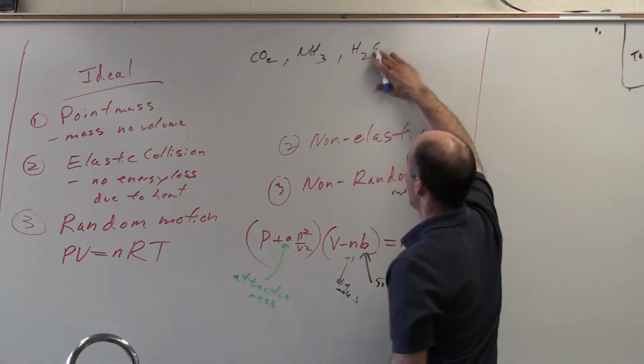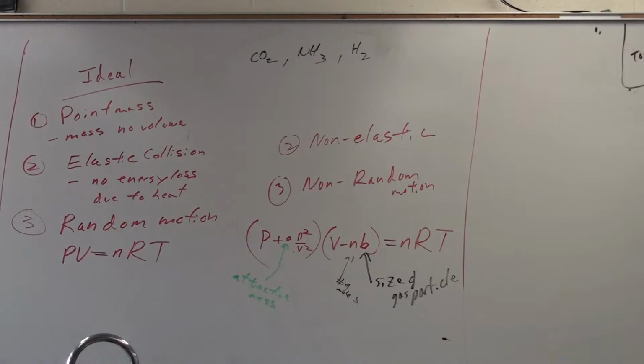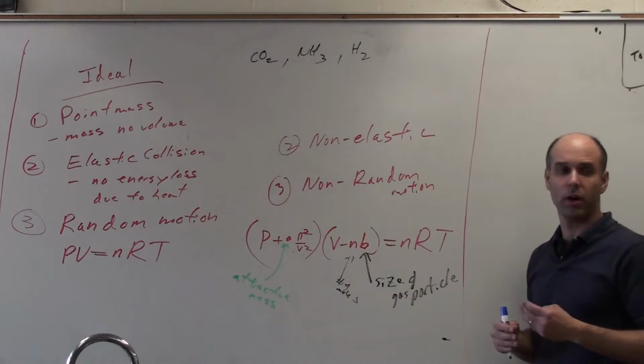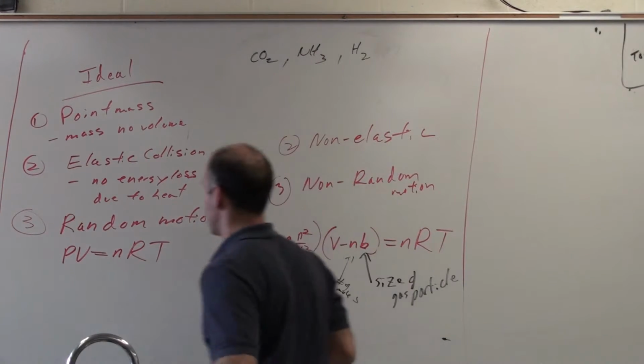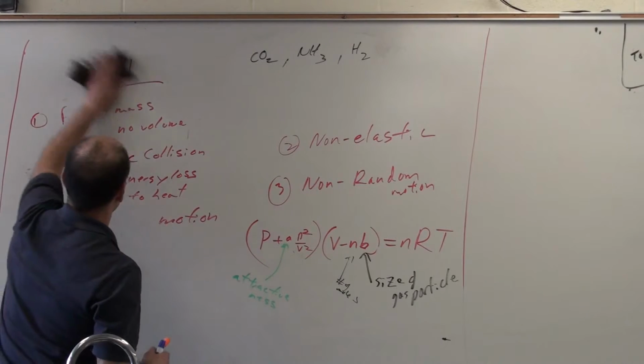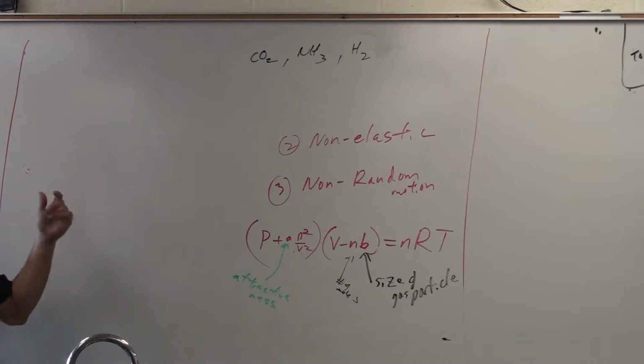And no, let's leave water out. Let's just do CO2, NH3, and H2. So which gases are going to be most attracted to each other? Well, we know that dipoles are going to be more attractive than nonpolars.